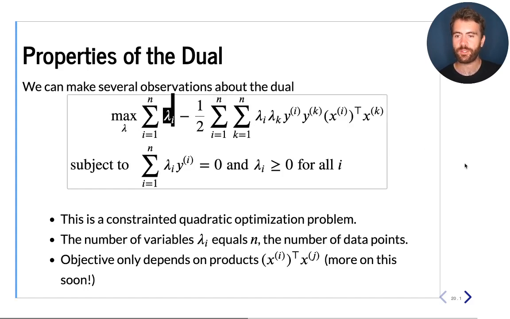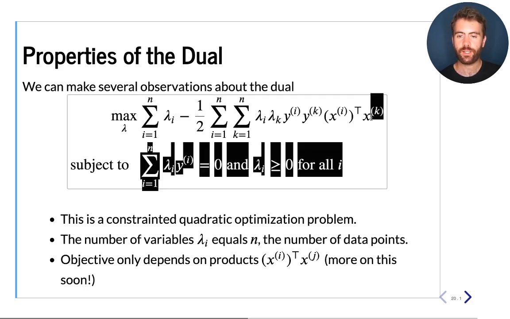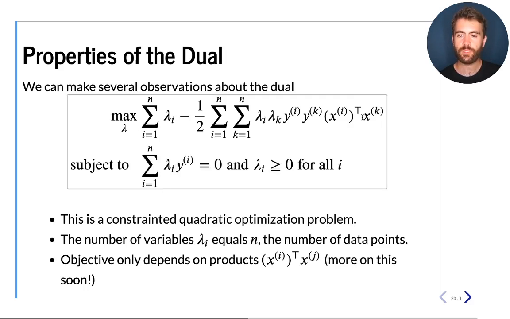So we used to have n constraints in our previous problem, and now we have n variables, where again, n is the size of our training data set.